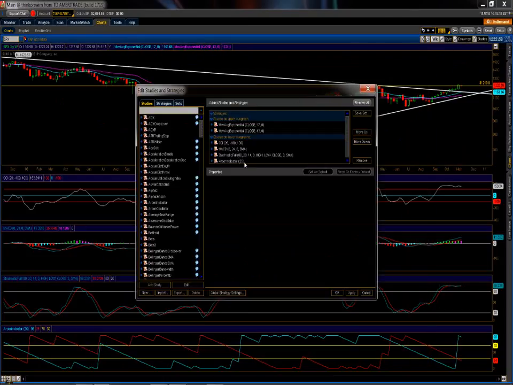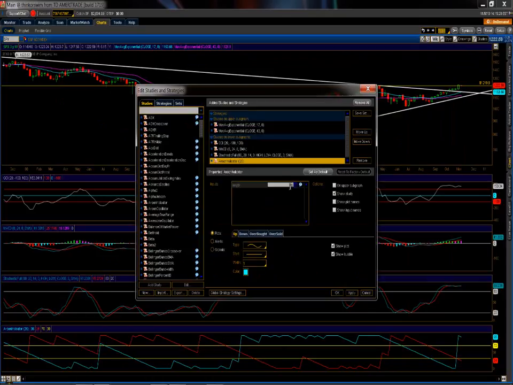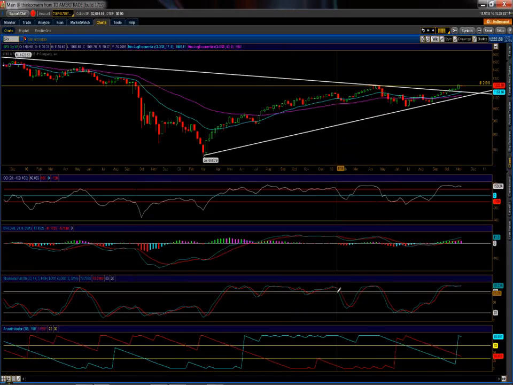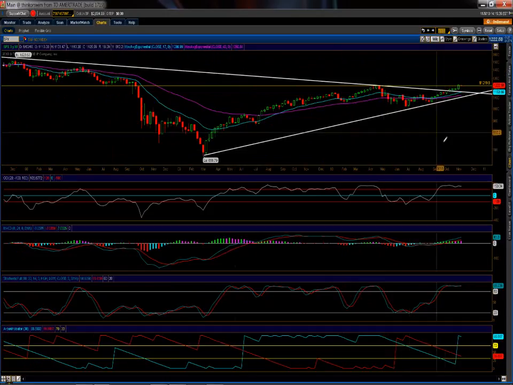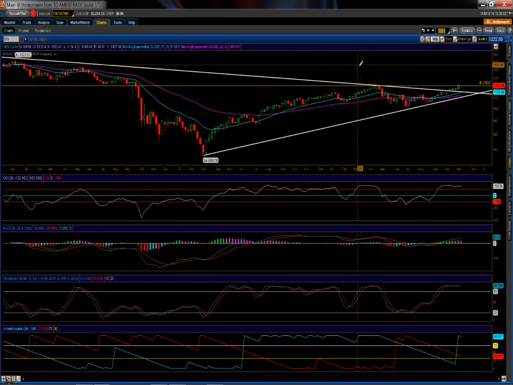Anyhow, I am using the 25, which is a little more sensitive. I started with the 30 and I changed back to the 25, but now I like to use the 30 because of the longer term, which is on the weekly, and it has gone bullish.